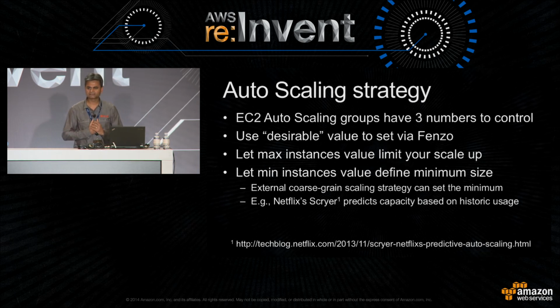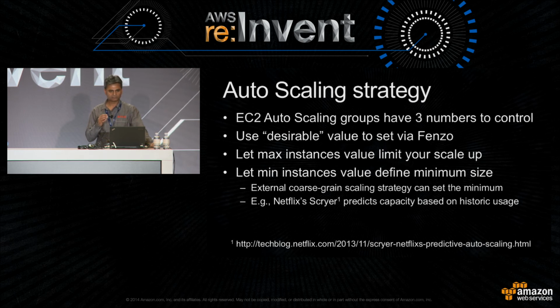So at Netflix we have Scryer, which is a predictive auto scaling engine. And what it does is it analyzes historical usage of a cluster of an ASG and says, hey, during this hour of the day, this is what has been traditionally used, and then it predicts for the next hour based on similar times, previous days, day of the week, etc. So that is a better candidate for setting the min.